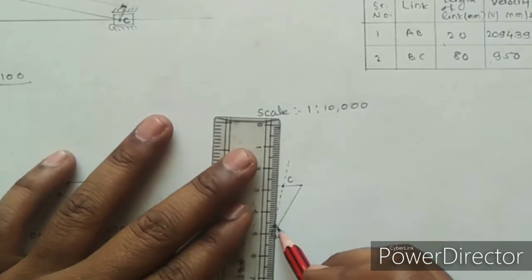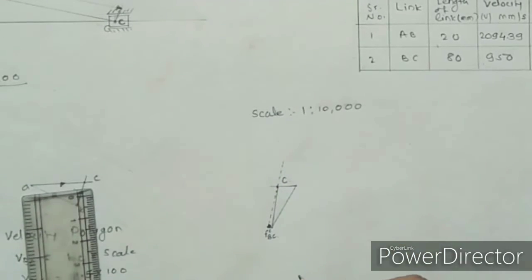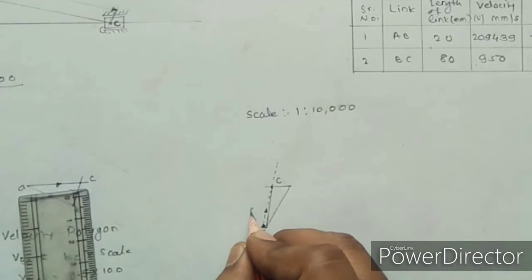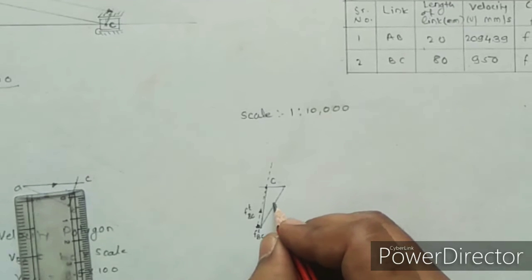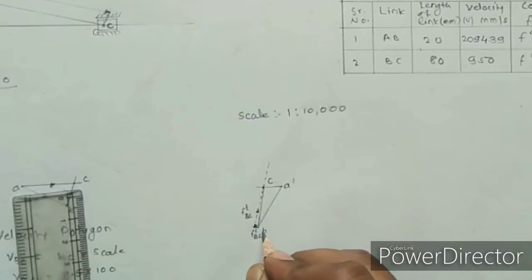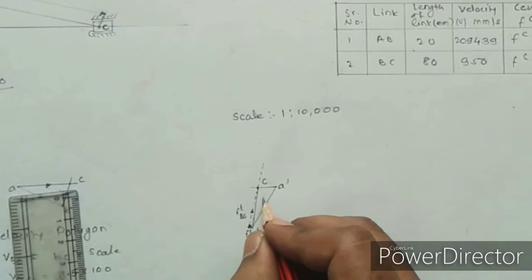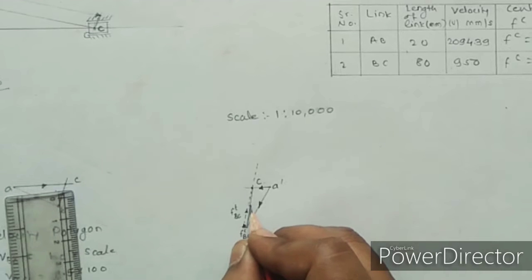Now join B dash and C dash. Now make arrows having the direction of slider acceleration. Here it is FTBC, A dash, B dash and C dash. A dash B dash having a downward arrow because crank is rotating in a clockwise direction.